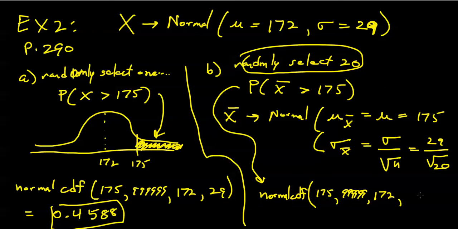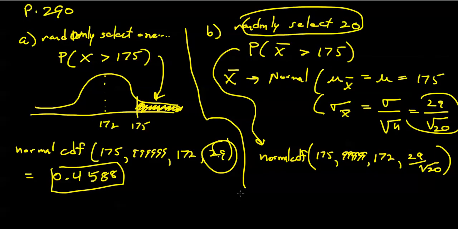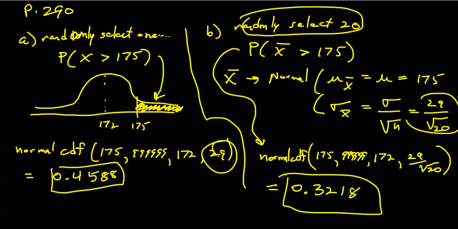But what changes is the standard deviation. It goes from 29 down to 29 over the square root of 20. Less of a standard deviation. Okay? Sharper bell, right? I punch this out, and I get 0.3218, and that is consistent with our claim.